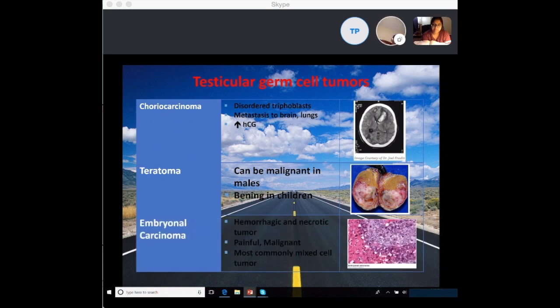Embryonal carcinomas are very painful as compared to seminomas, which, like we talked about earlier, are a painless mass on the testes. These are painful and have a really bad prognosis. About a third to a half of patients present with metastases at the time of diagnosis.